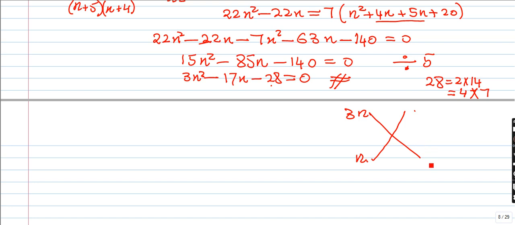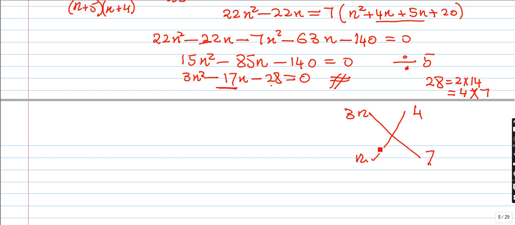But if you put the 7 here and the 4 here, this is 21 and this is 4. If you subtract them, you get 17. Notice that it is negative 28 that we are factorizing, so one of them has to be negative. Which one has to be negative?